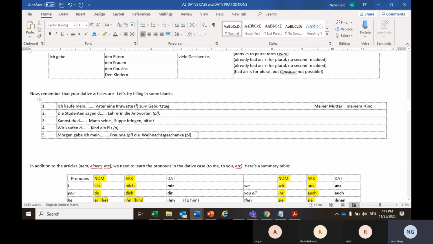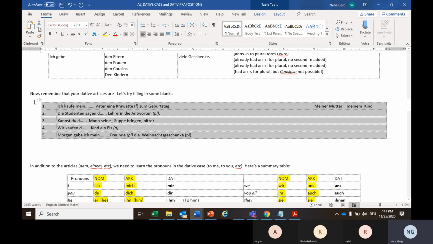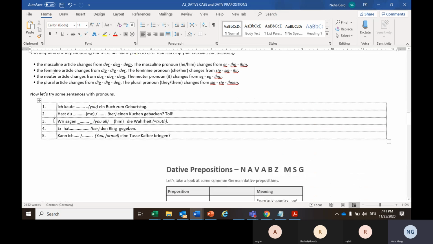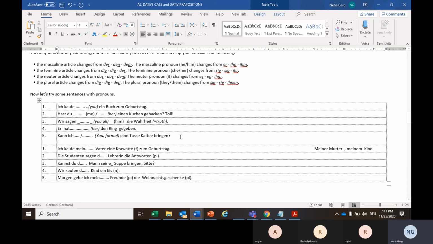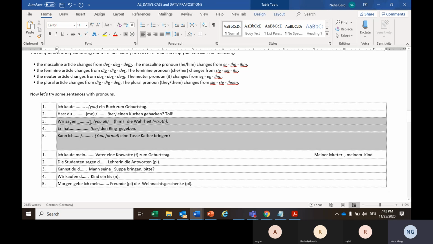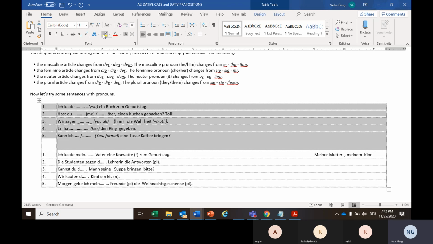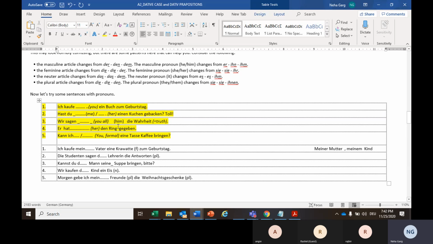Okay, now I have some quick exercises for you guys. Let's see this section first, this yellow highlighted.